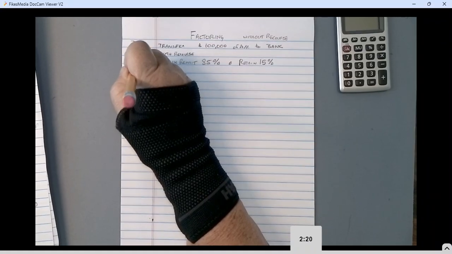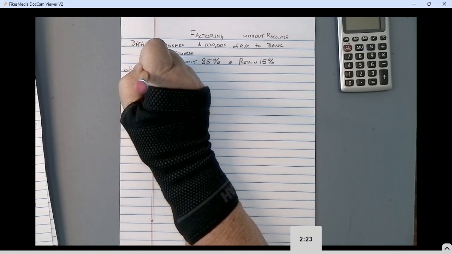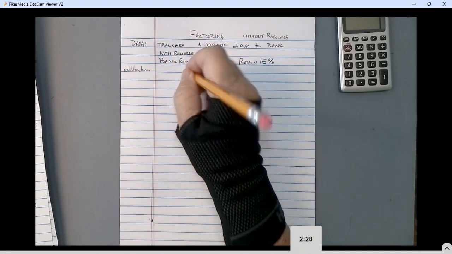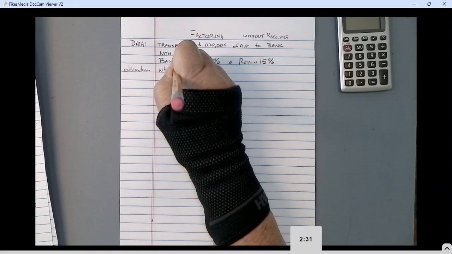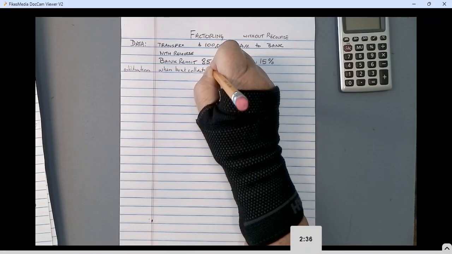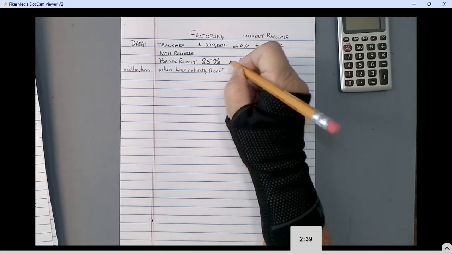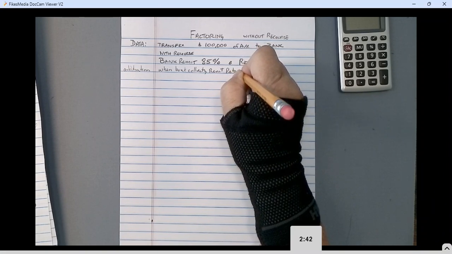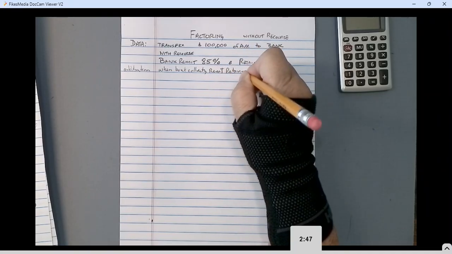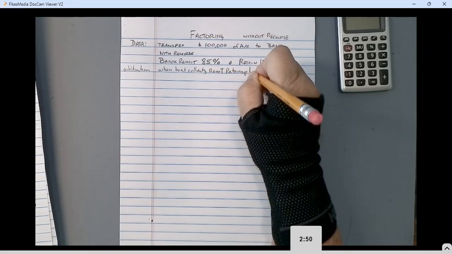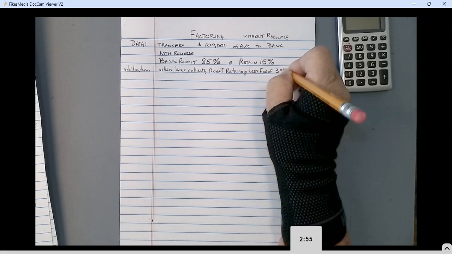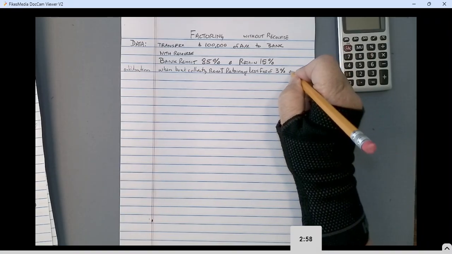Now we look for the details, and there are additional terms that we're looking for. How are they going to handle that fee and that 15%? Okay, so when the bank collects, they remit the retainage less a fee of 3% of the total factor.